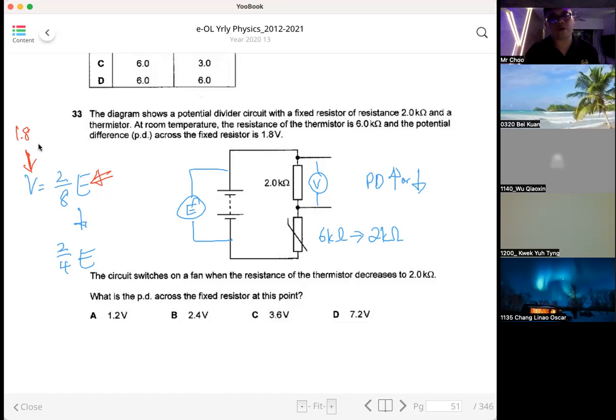So 1.8 times 4 will be? Okay, so the value of E will be 7.2 volt. So this value of E is still 7.2. But the V now is 2 out of 4 because it reduced to 2 kilo ohm. So what is the new value of this V now?